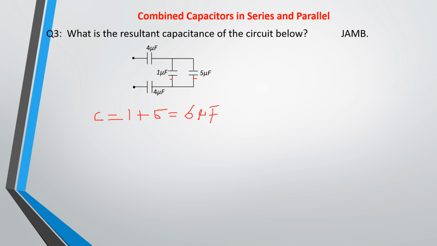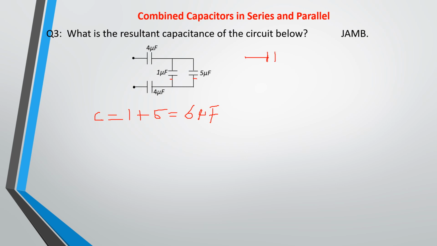microfarad. Okay, so having gotten your 6 microfarad, what you do next is to redraw the circuit diagram. So if you redraw the circuit diagram, you are going to have something that will look like this.